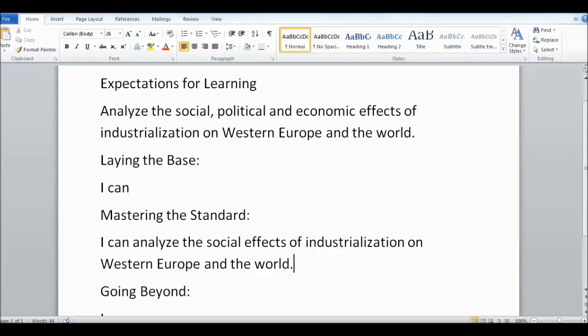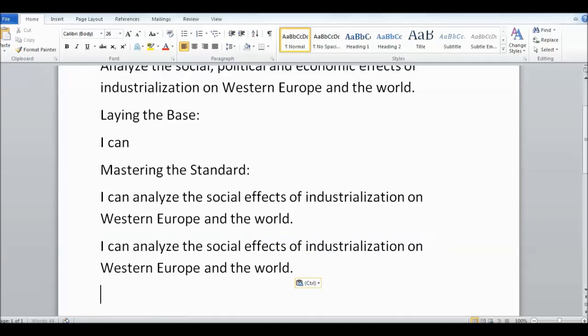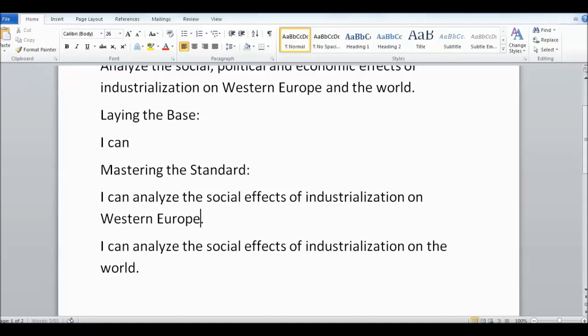Now, as a teacher, if I was going to just look at social effects of industrialization on Western Europe one day and social effects of industrialization on the world on the second day or another lesson day, I might go in and put this here and I would change it to Western Europe or the world. And then I have 2 lesson length standards, but I'm not done.